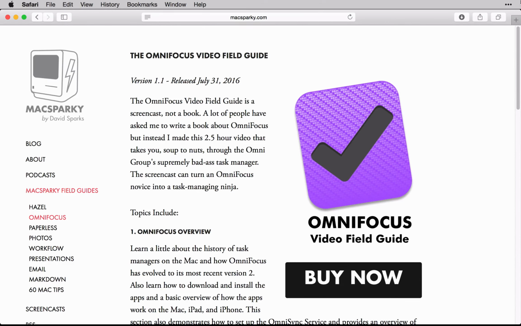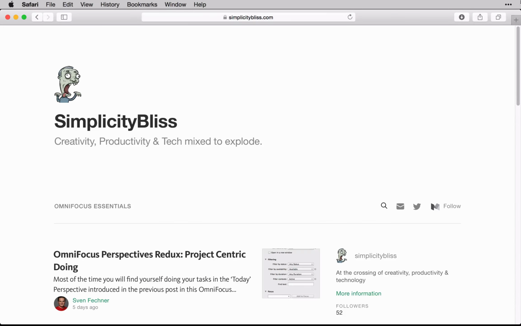But there are also a lot of people out there starting to write blog post articles and things about OmniFocus. It's getting to be quite the group going on now. But one that has been around for quite some time would be Sven Fechner, and he has a lot of articles on his site, Simplicity Bliss, about OmniFocus. I know that he has a number of articles that have been very big in the OmniFocus community for quite some time.